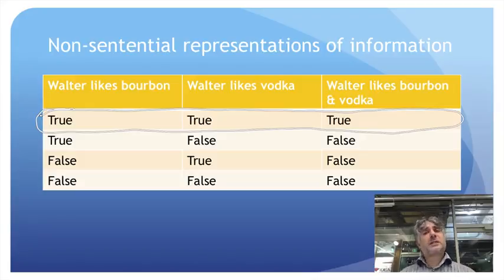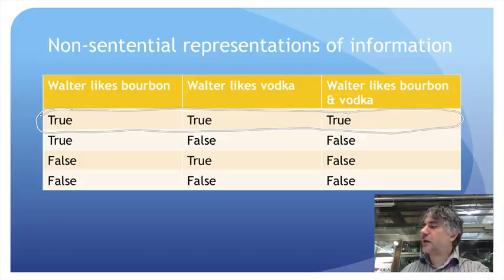Well, the point is that by using a truth table to represent the very same information, you represent that information in a way that makes very clear exactly which deductive arguments that use that information are valid and which ones are invalid.